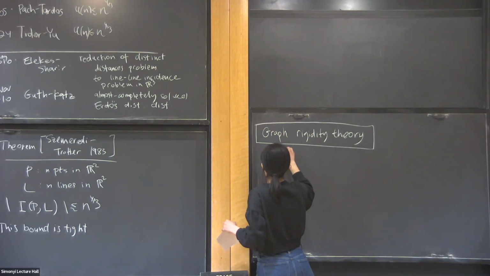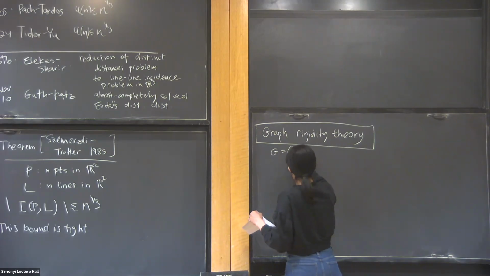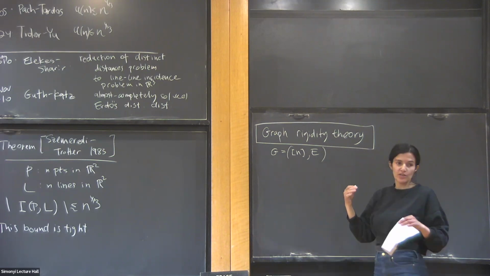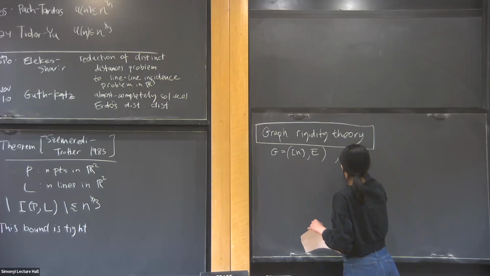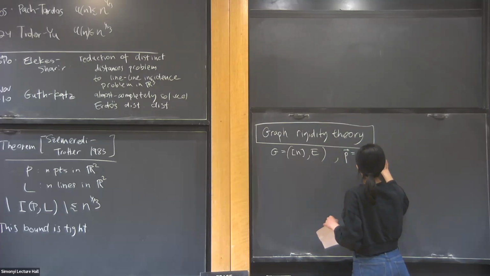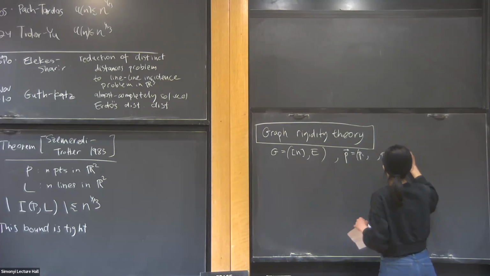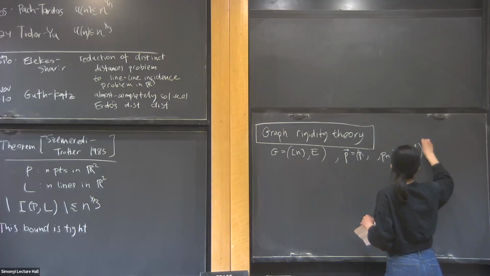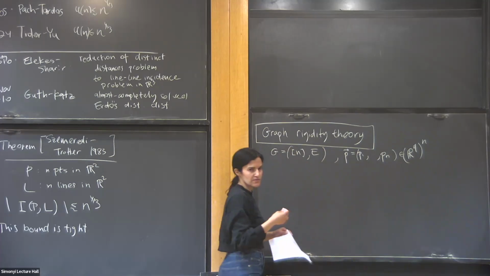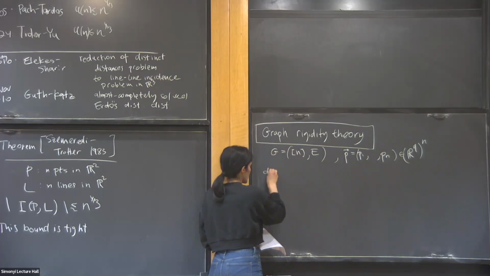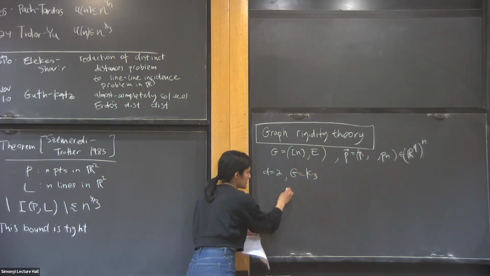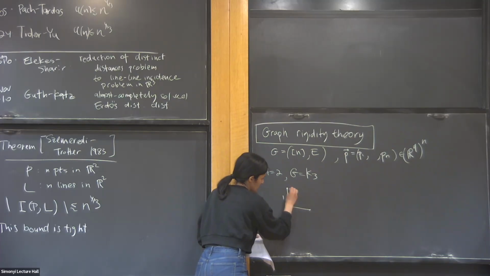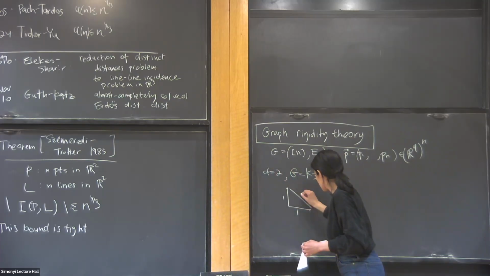So we're given some abstract graph, let's say m vertices, some set of edges, and now we're also given an embedding of this graph in R^d, with endpoints in R^d, one for each vertex. Now let's look at the picture first, and then I'll give a formal definition. So let's say that we're in the plane, and our graph is K3, the triangle, and this is the embedding that we're given: 1, 1, square root 2.